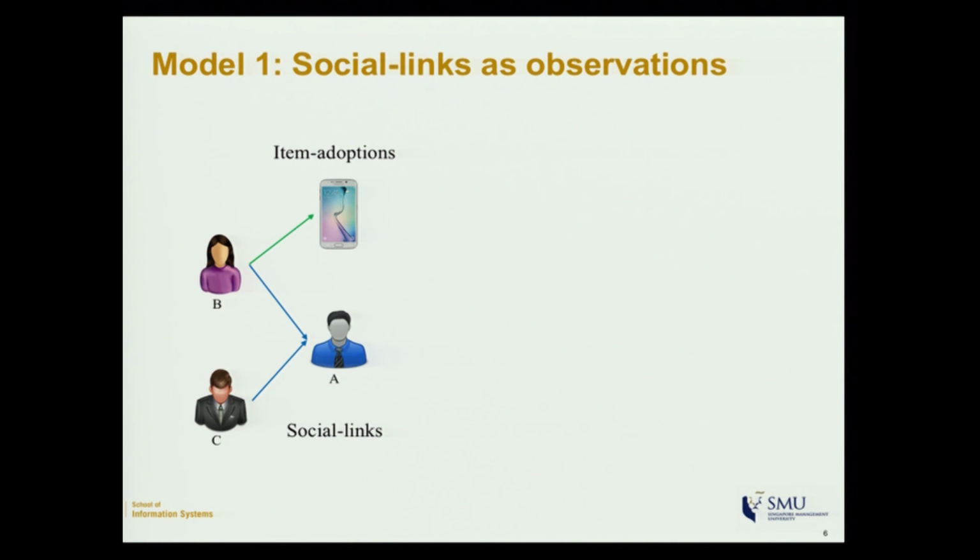To recommend for the cold-start user C, we hypothesize that if users have similar friends, they will adopt similar items, so their preferences will be closer. Somehow the preference of user B will be transferred to C through some shared friends like A. And how do we model that?